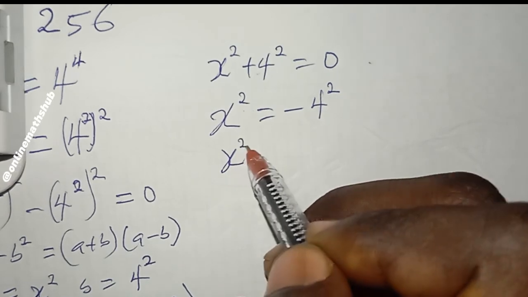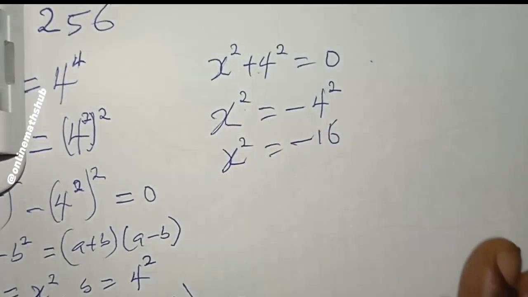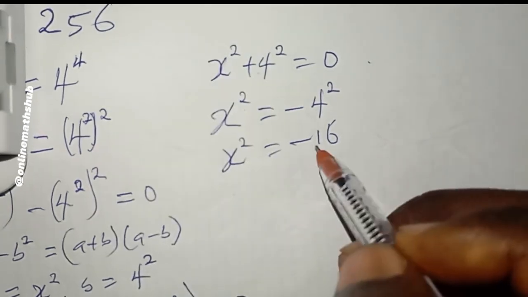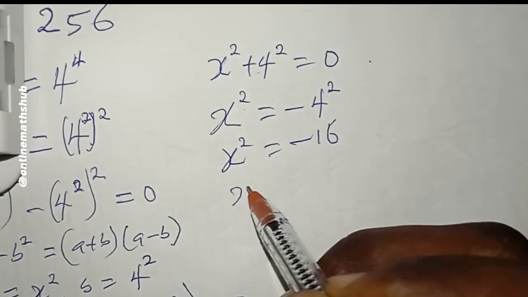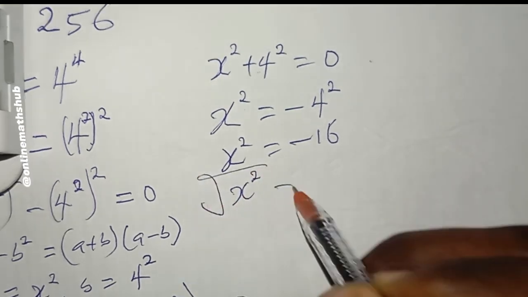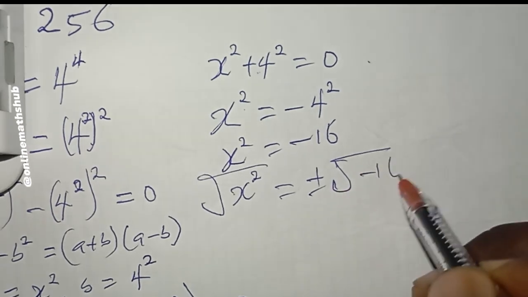I can also write this, since 4 squared is 16, as negative 16. Then I can go ahead and take the square root of both sides, and that will give me plus or minus the square root of negative 16.